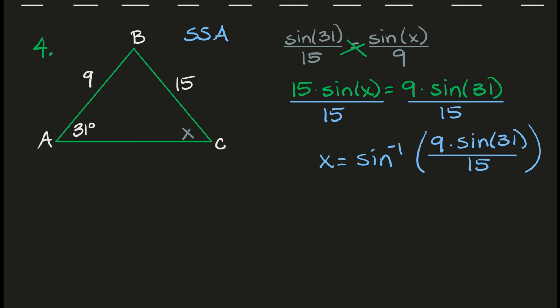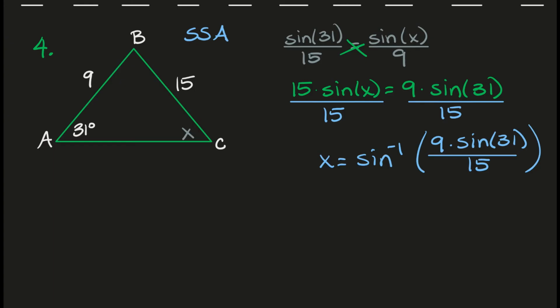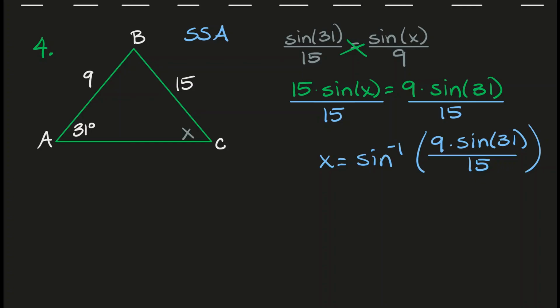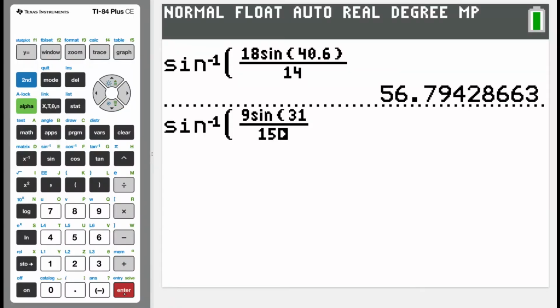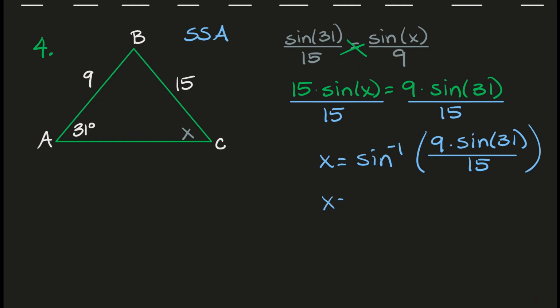So I'll type this in on my calculator. And I'm going to get 18. So the measure of angle C is going to be 18 degrees.